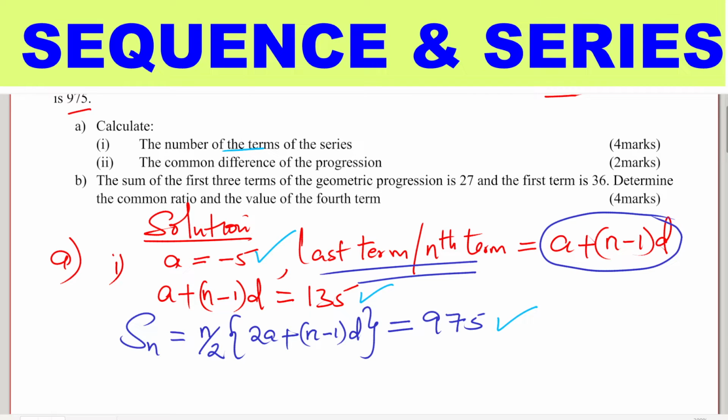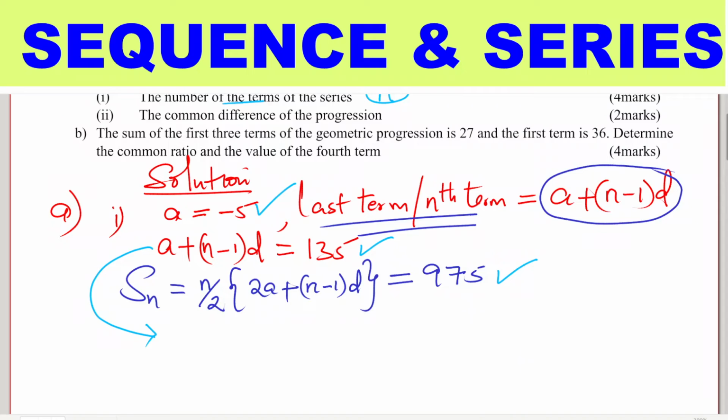The number of terms is n. So you're required to get n. N is the number of terms. So to do that, we are going to use these. So we have this expression here, A plus n minus 1 D. Already we have A, so we can substitute A with -5, then plus n minus 1 D is equal to 135.